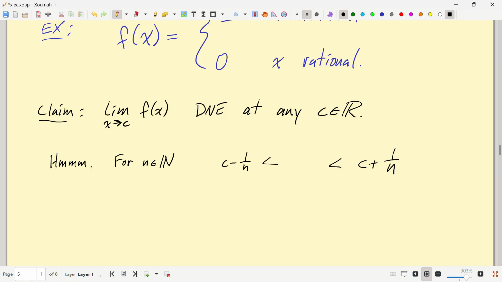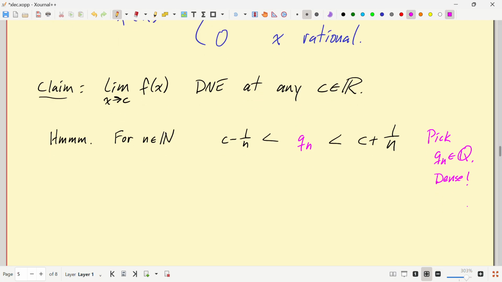Okay, c minus 1 over n and c plus 1 over n are two real numbers. And therefore, by the density statement, there would be a rational number, I'll call it q sub n. I'm going to pick the q sub n in there, q sub n in the rational numbers. And I can do that because they're dense. And then I'll do the same thing.